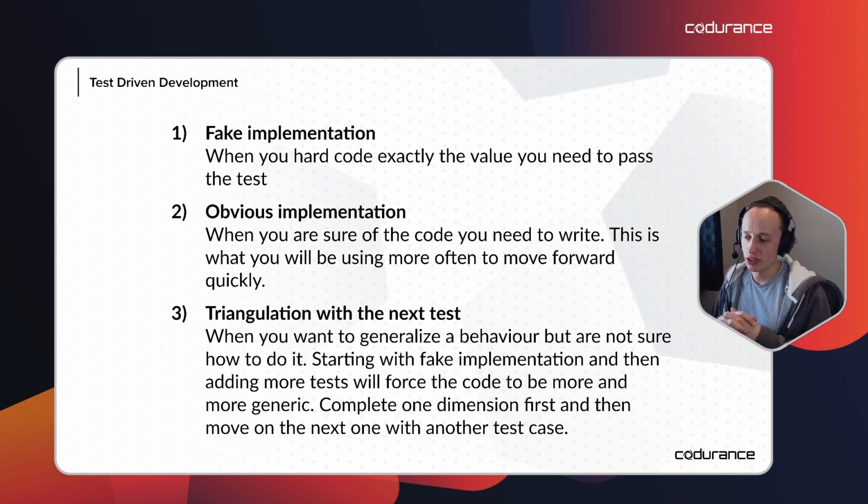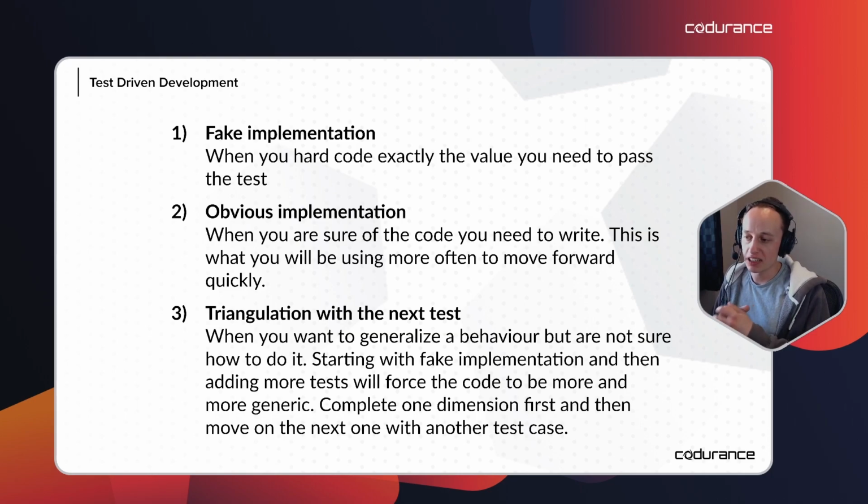So what we try to do here is triangulate by adding new dimensions of this space, new test cases, one at a time into our tests, which forces us to gradually grow that solution in complexity, right?